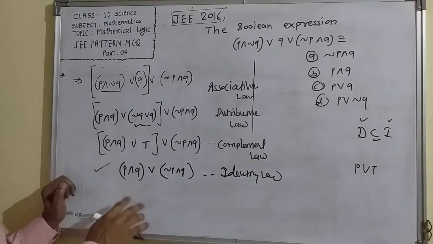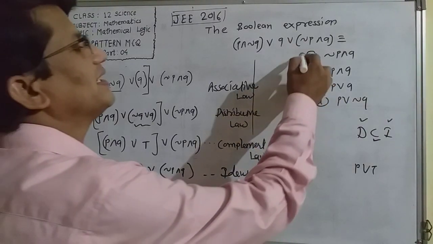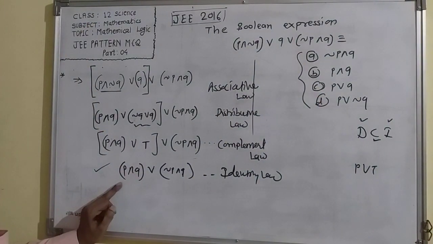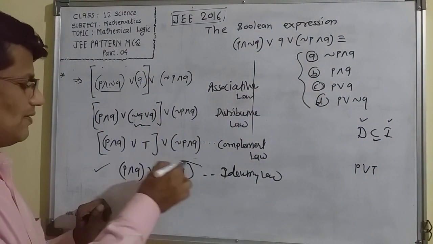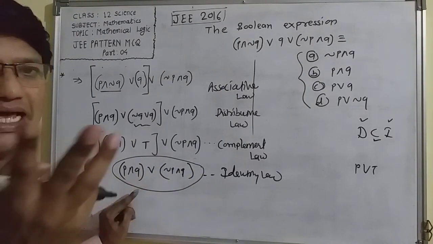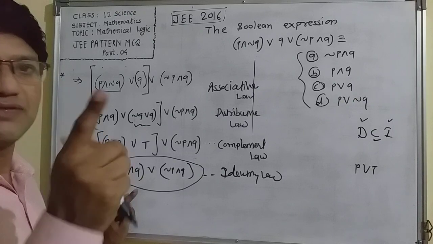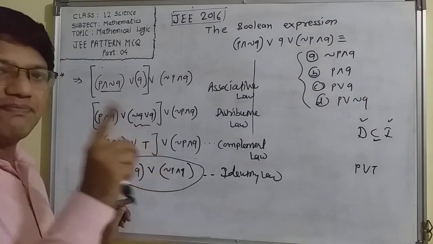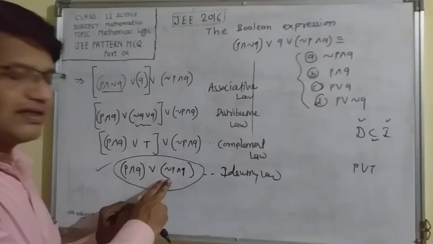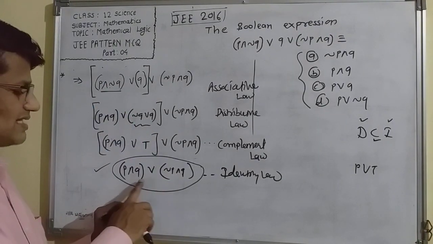Okay, thus we get this option, but this option is not here. In between the four options, this option is not here, and we have discussed the same option in the last three examples. Example number 1 for switching circuit, and example number 2, simplify this, and see our earlier example.